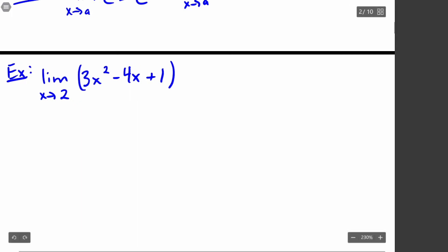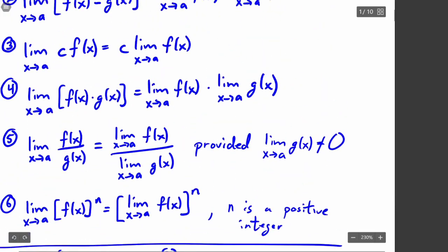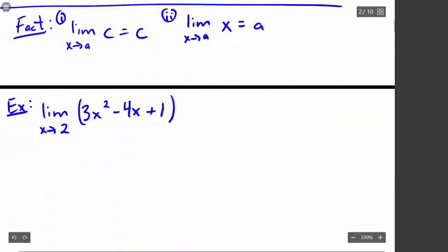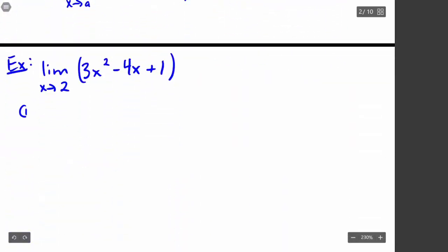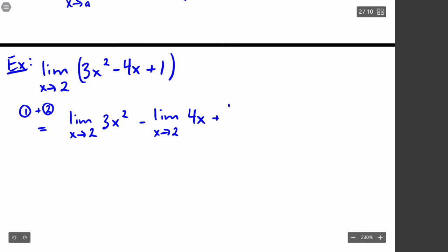Well, using properties 1 and 2, we can say this is the limit as x approaches 2 of 3x squared minus the limit as x approaches 2 of 4x plus the limit as x approaches 2 of 1.